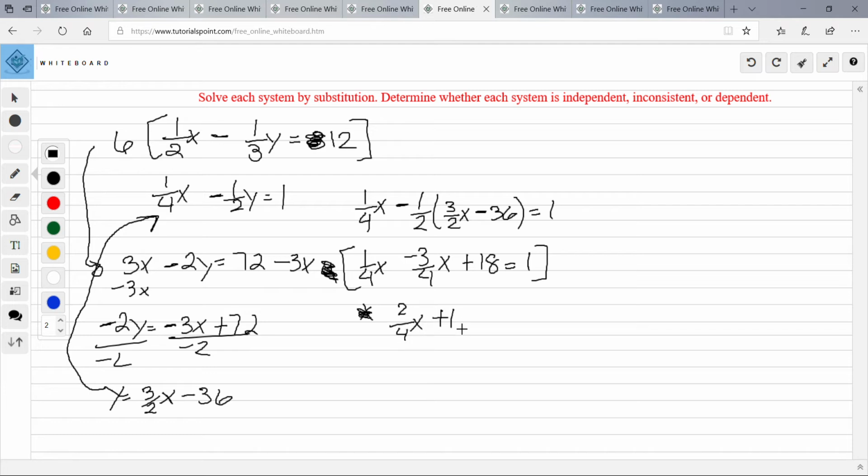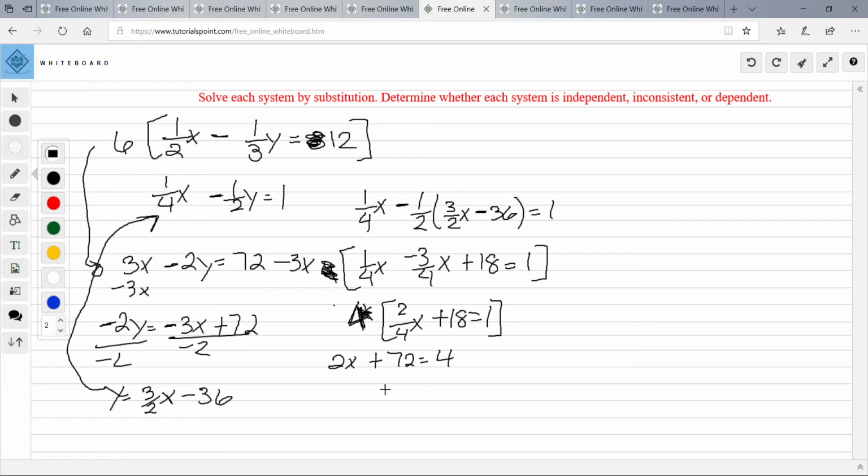Now I can get rid of the 4. I'm going to multiply this by 4, so I get negative 2x plus 18 times 4 is 72, equals 4 times 1 is 4.